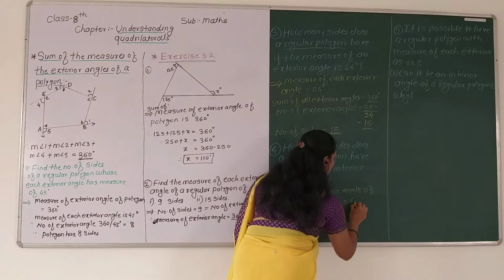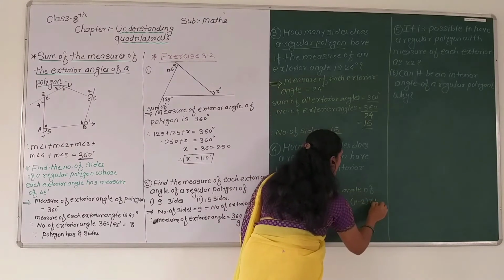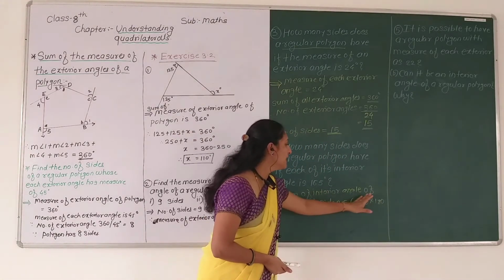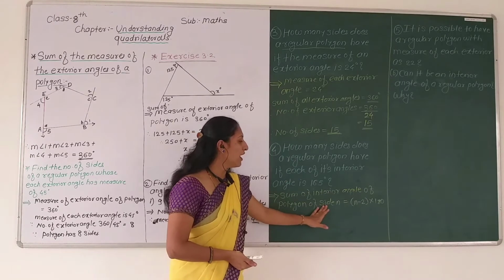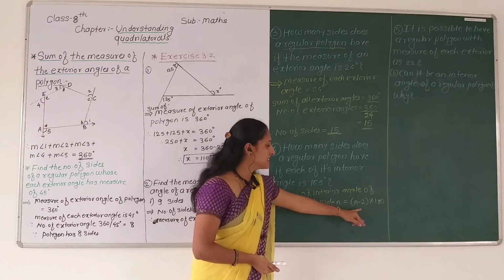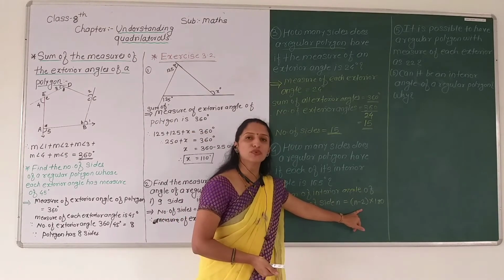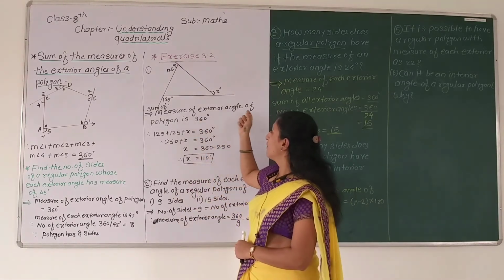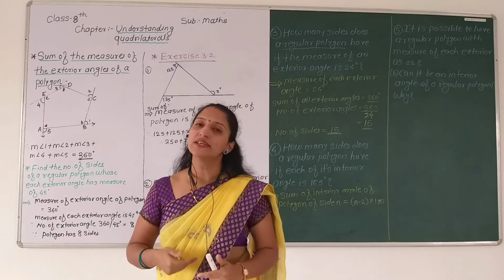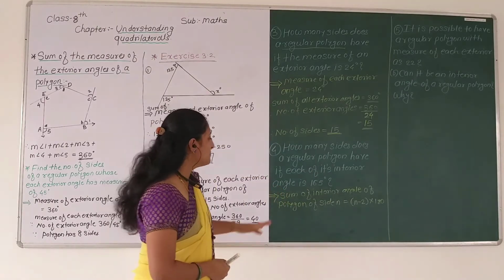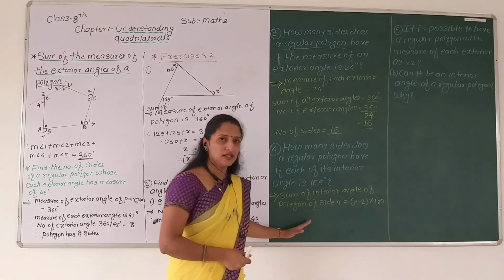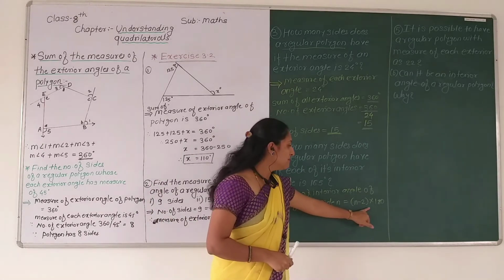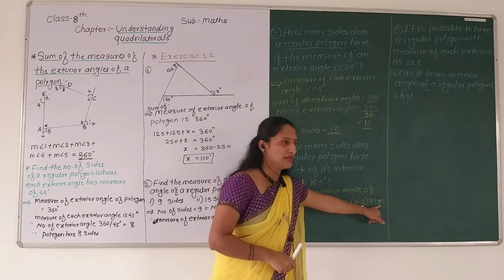Yes, n minus 2 into 180. Just as the sum of measures of all exterior angles is 180 degrees, the sum of interior angles of a polygon having n sides is n minus 2 into 180 degrees.